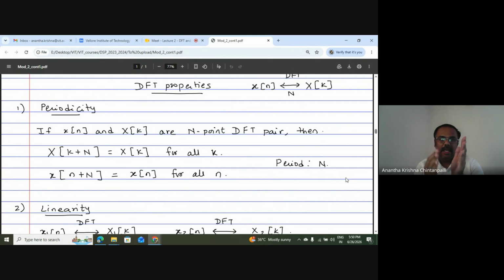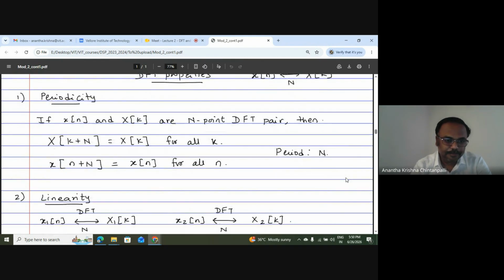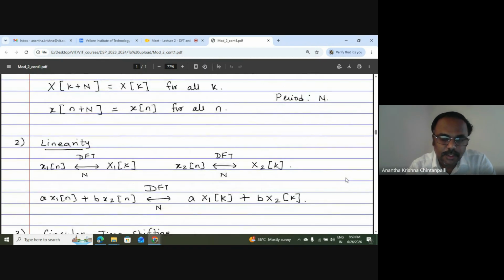It means that X of k would be the same if you repeat after capital N, and x of n would be the same if you repeat after capital N. So it's periodicity because of the periodicity term attached to it.